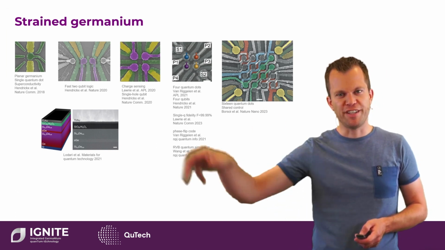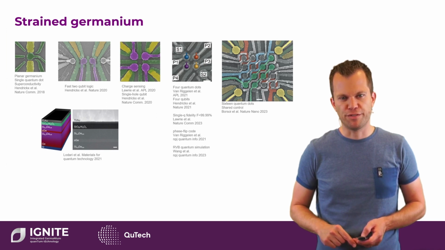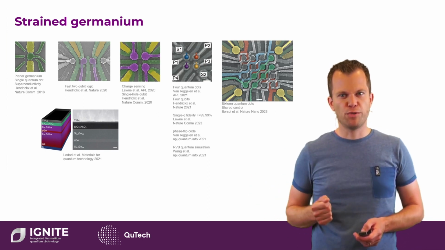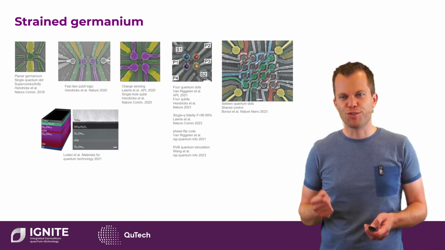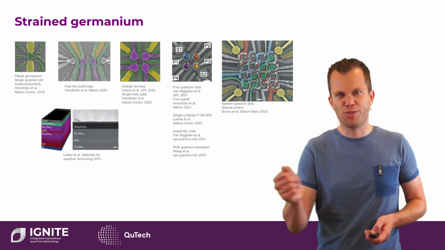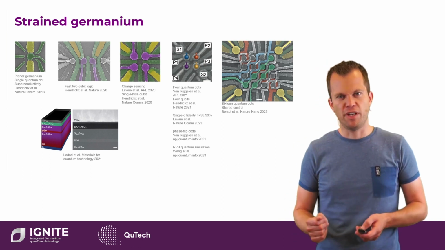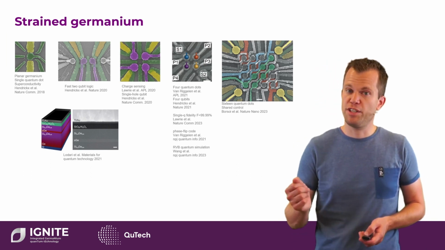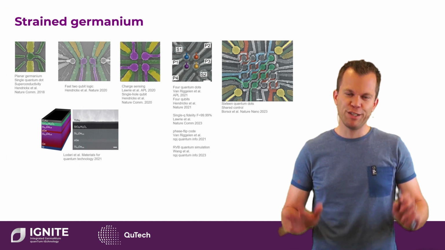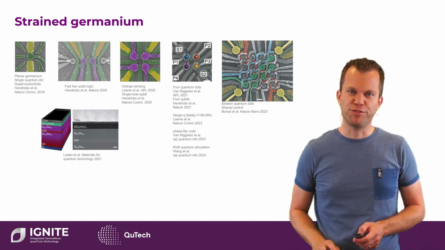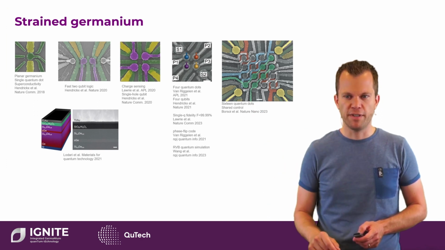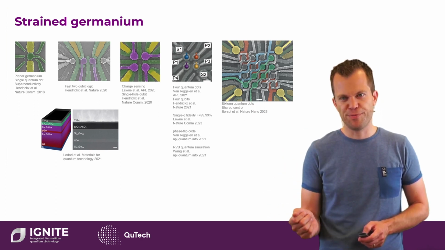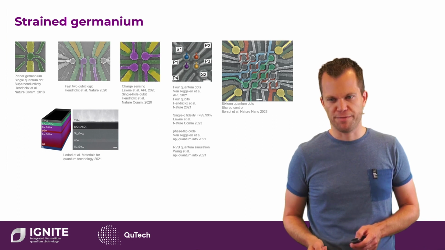And then we see every year a slight improvement in the device, going from a single quantum dot to a double quantum dot, from a single qubit to a 2-qubit system, controlling 4 quantum dots, controlling 4 qubits. And today, we can already control 16 quantum dots in a 4x4 array. Of course, very far away from the millions of qubits that will be needed for a future fault-tolerant quantum computer. But it shows that in a matter of years, we could really scale to larger systems.